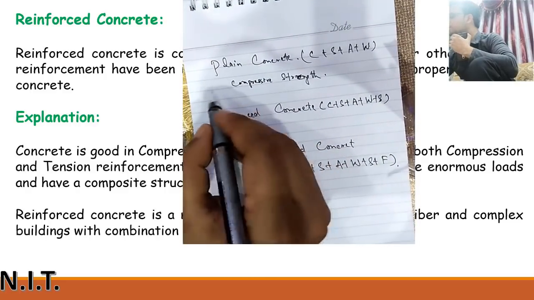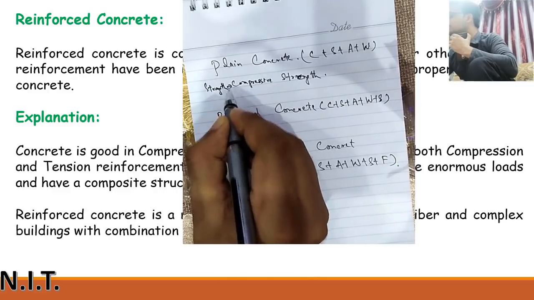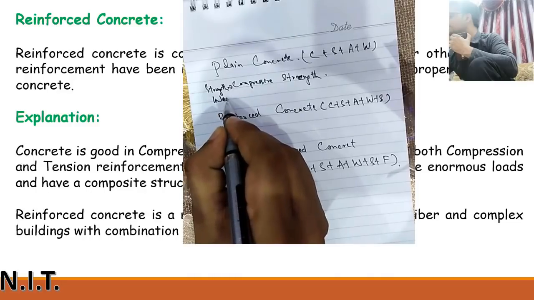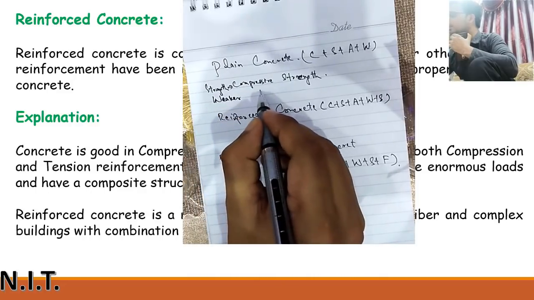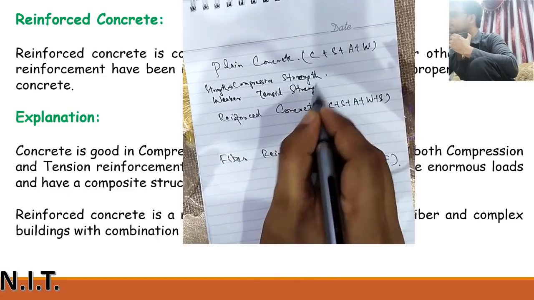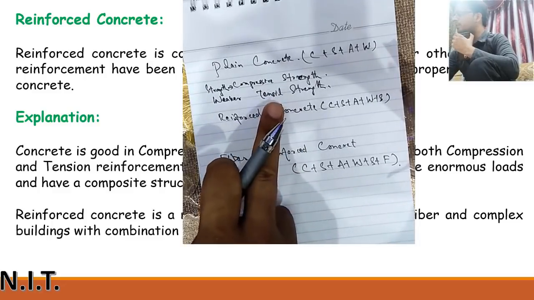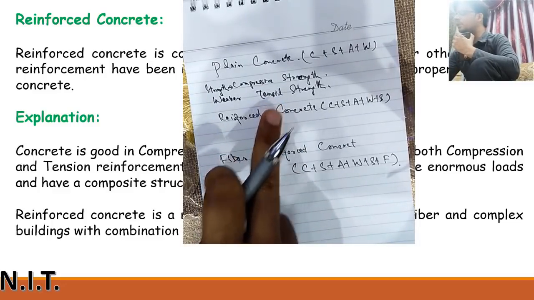But weaker in tensile strength. If we want to achieve better tensile strength of the concrete, what will we do?